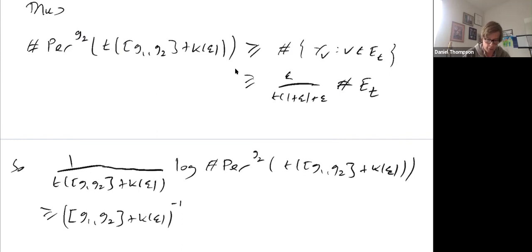I just divided on this side. So that's coming over to this side as well. And I'll put the 1 over T in the rest. 1 over T log of cardinality ET.